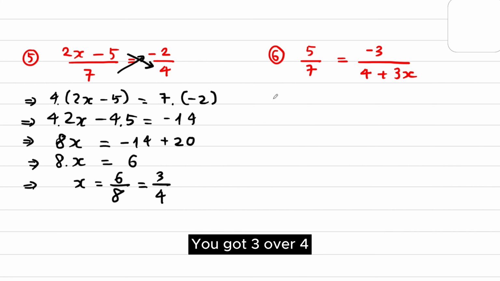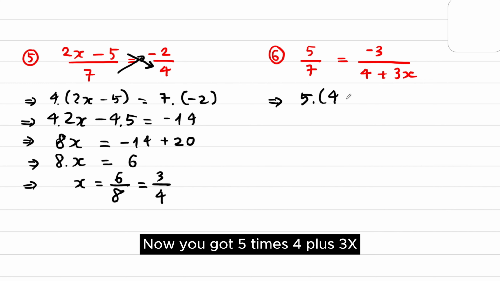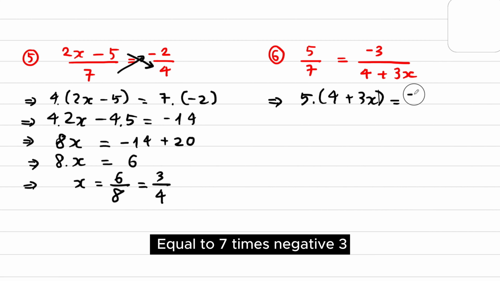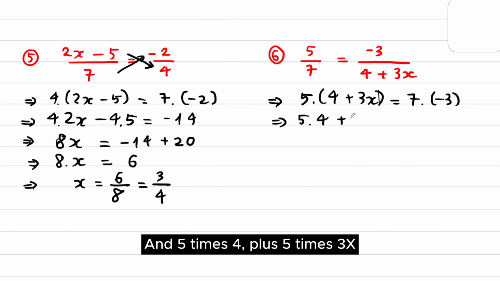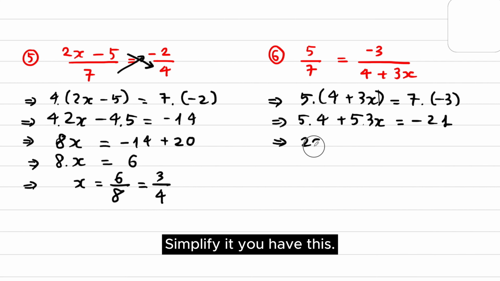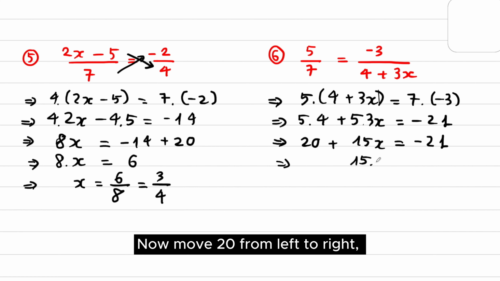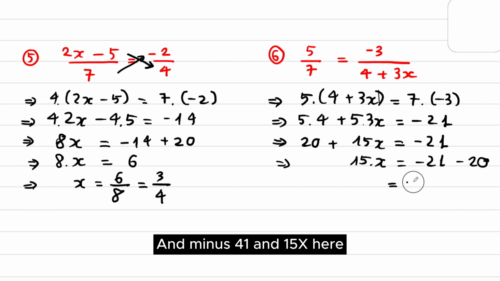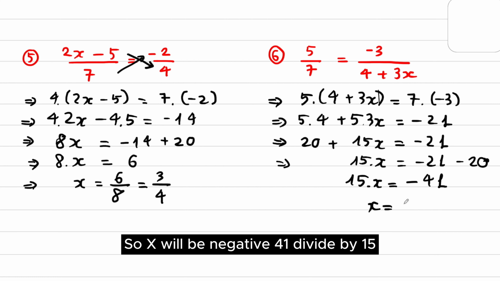Okay, 3 over 4. Now you got 5 times 4 plus 3x equal to 7 times negative 3, and 5 times 4 plus 5 times 3x equals negative 21. Simplify it, you have this. And then how to solve? Very easy. Now move 20 from left to right, you got this, and minus 41 and 15h in here. So h will be negative 41 divided by 15. Yes, that's it.